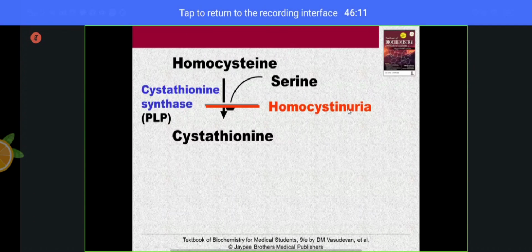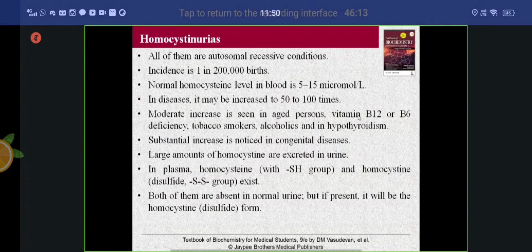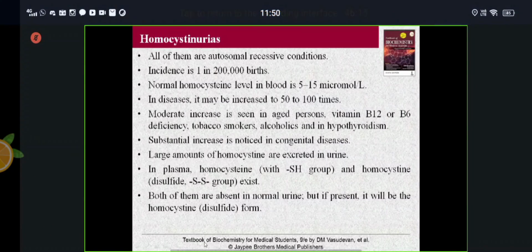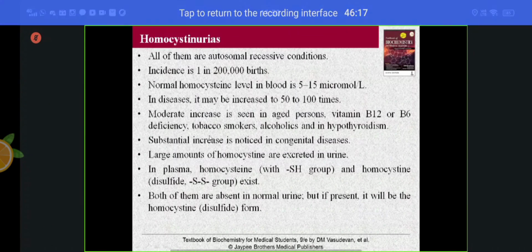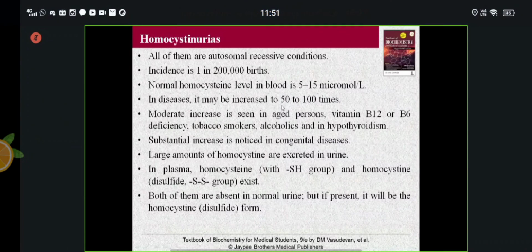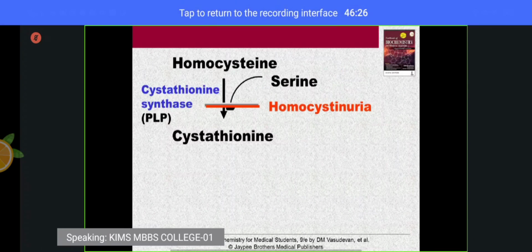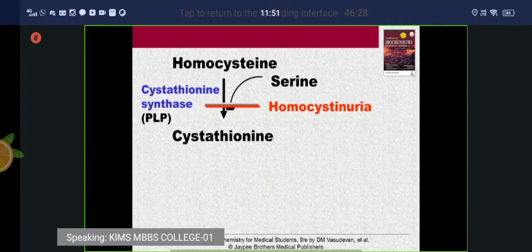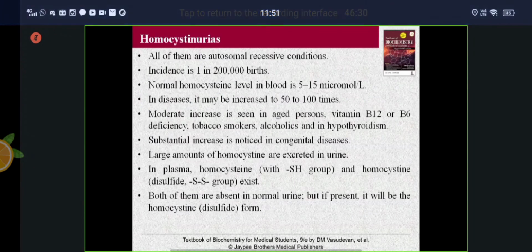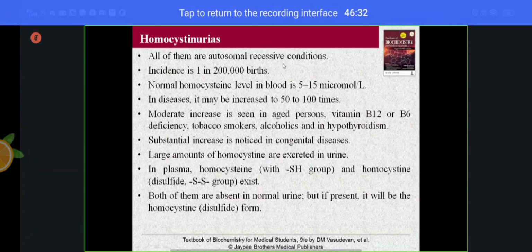This is known as homocystinuria. All of you try to read this and learn the concept. It's an expected 2 marks or 4 marks question. All of these are autosomal recessive.